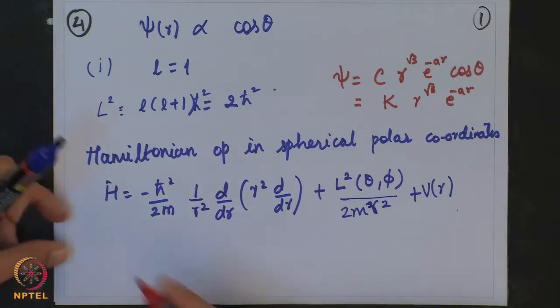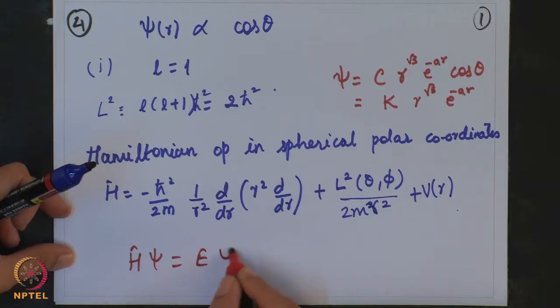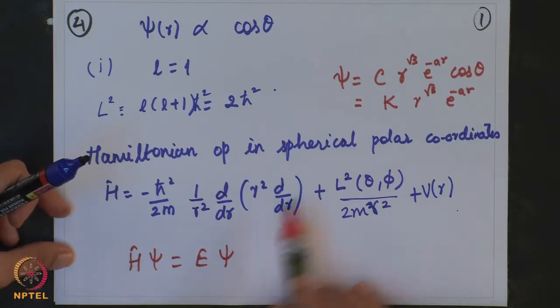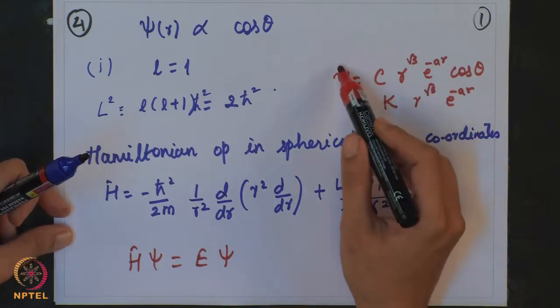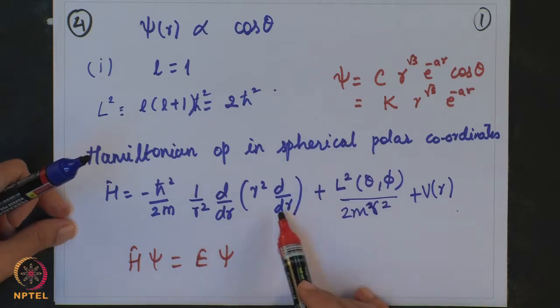First recollect your eigenvalue equation, H psi is equal to E psi, and when you operate the wave function which is given to you on the Hamiltonian, the only part that will be affected or changed would be the radial part.